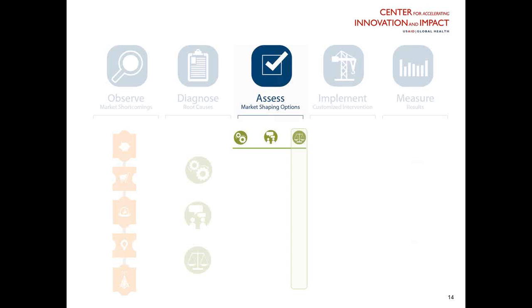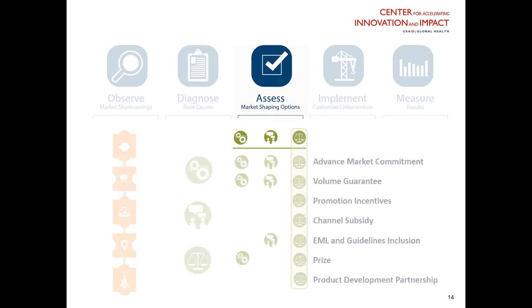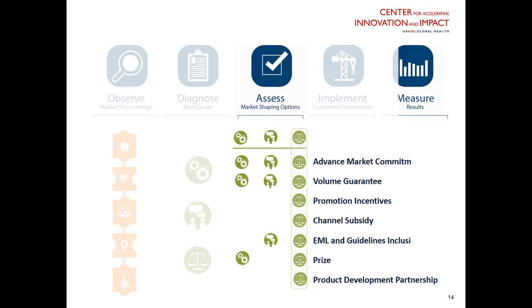And you'll notice again, some of these also reduce or balance risks between the suppliers and the buyers, as well as increasing market information. And then in the third category of balancing risks, we look at a range of different types of interventions here as well: advance market commitment, volume guarantee, promotion incentives, channel subsidy, essential medicines list and guidelines inclusion, prizes, and product development partnerships.